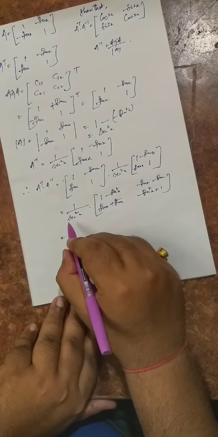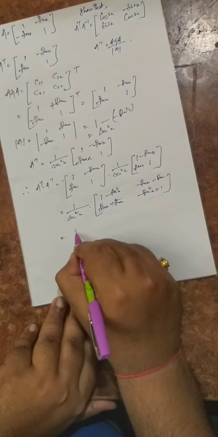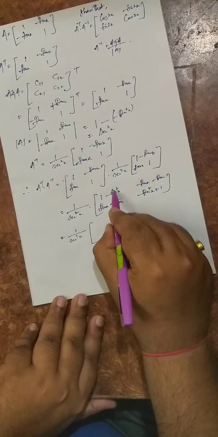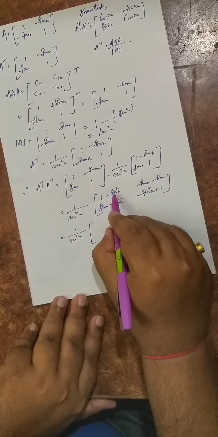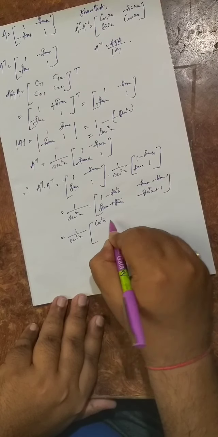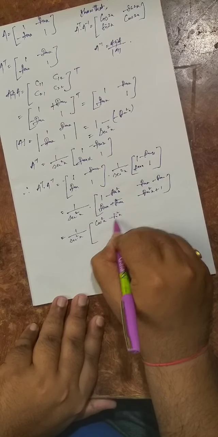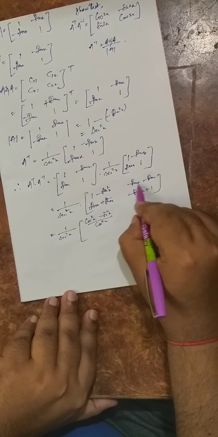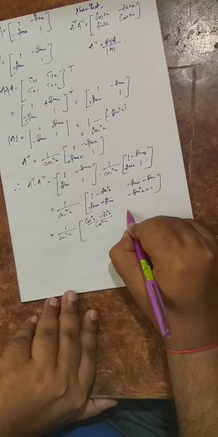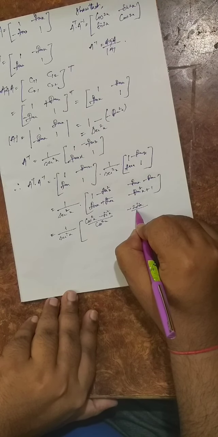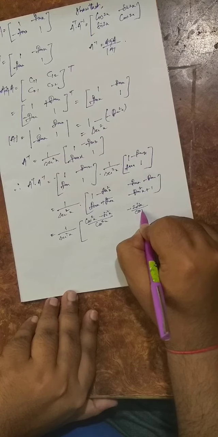See, 1 by sec square x. You can write tan square x as sin square x by cos square x. Then do the LCM. You will get cos square x minus sin square x by cos square x. Here it is minus 2 tan x, so you can write minus 2 sin x by cos x.